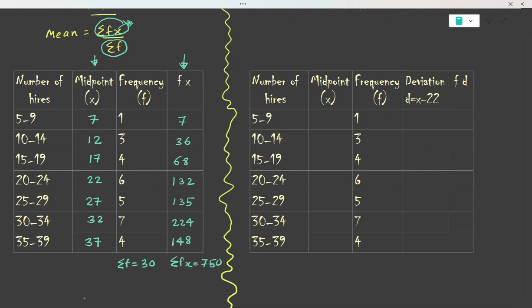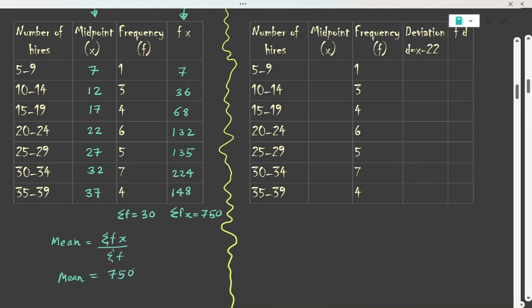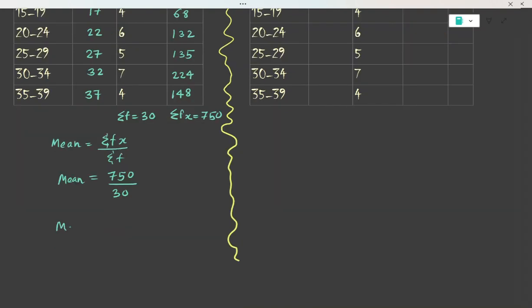By substituting the values for sigma f and sigma fx into the equation mean is equal to sigma fx over sigma f, we can obtain the mean. We have got the mean as 25.